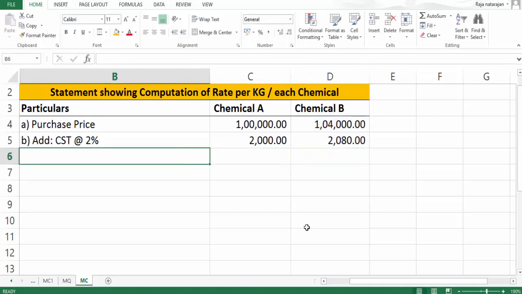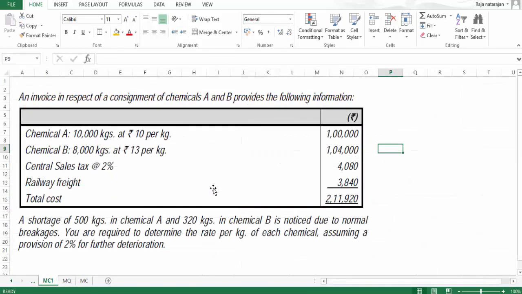And let us also add the next cost, railway freight, which we have in common, 3,840, for chemical A and B, purchased in quantities of 10,000 and 8,000 kgs. So we can take a proportion, 10:8, which can be further reduced to 5:4.